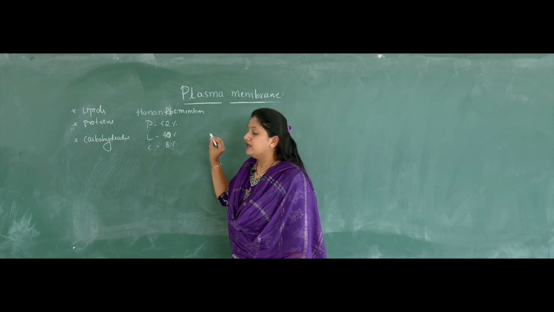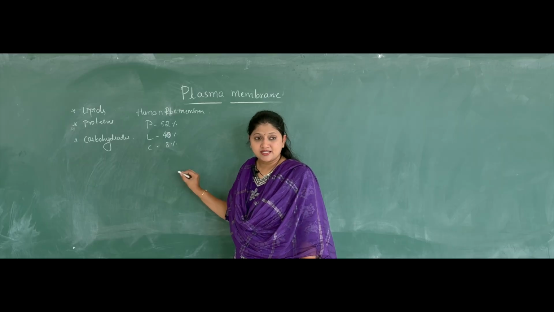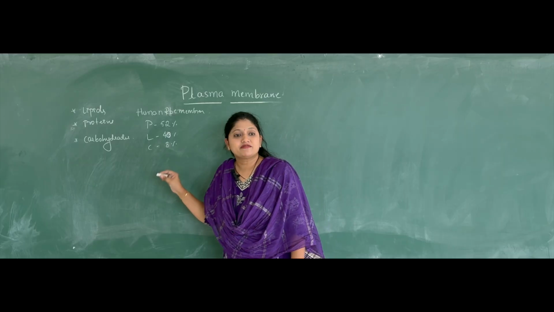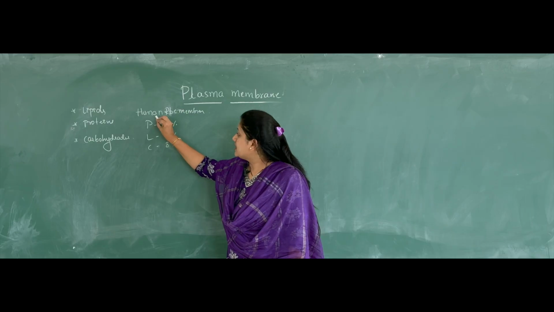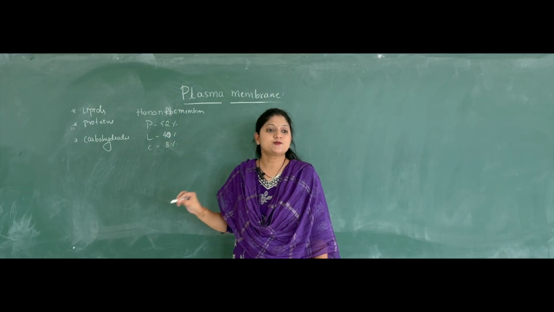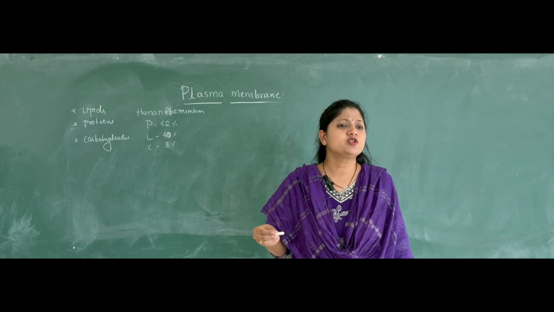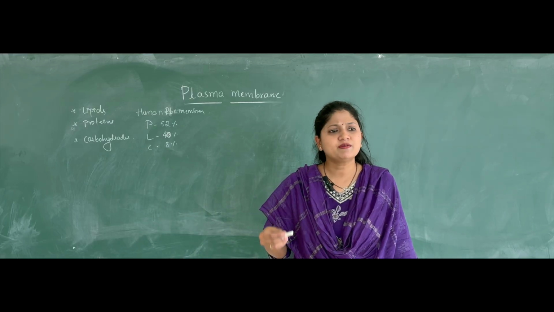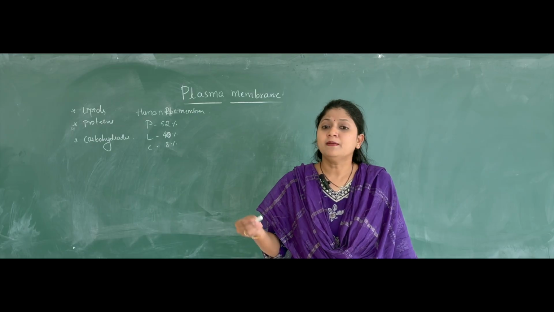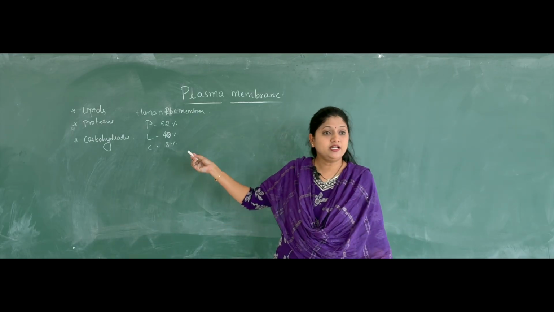Now this doesn't remain constant in other types of cells in humans. We are speaking about the human RBC membrane specifically. When it comes to liver cells or epithelial cells, we have the plasma membrane on those cells also, but this is not constant in those cells.